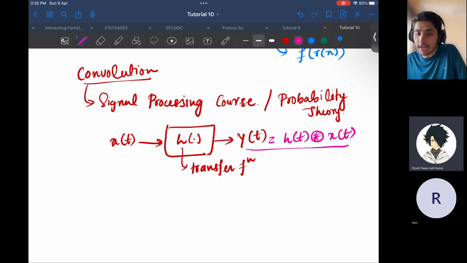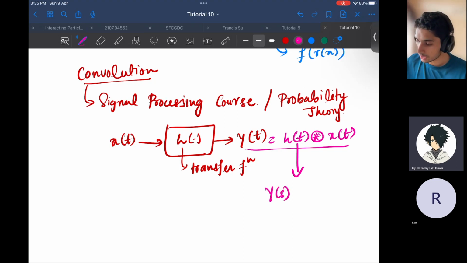Convolution is very useful in signal processing because we generally work in the frequency domain, and surprisingly, when you go into the frequency domain, capital Y of S becomes H of S times X of S. So it's like simple multiplication in the frequency domain.